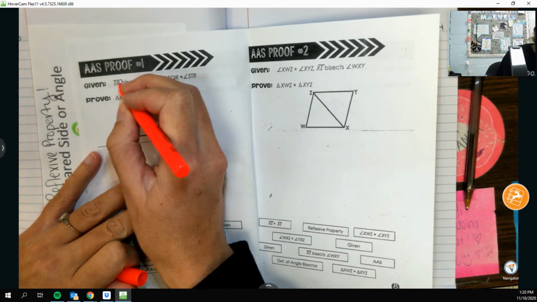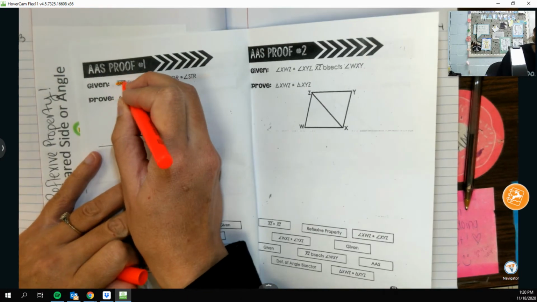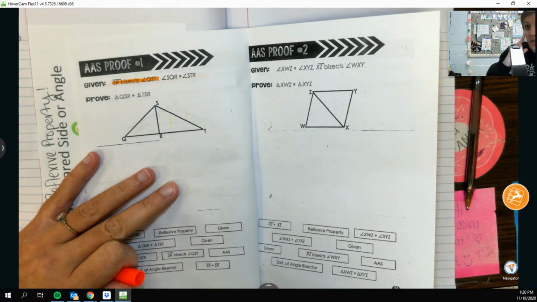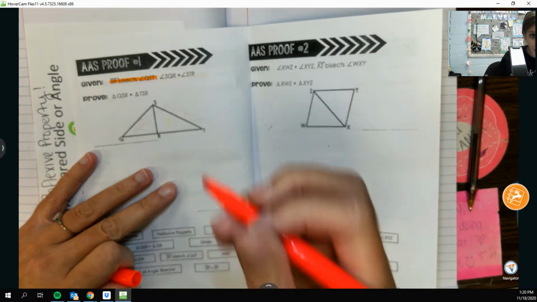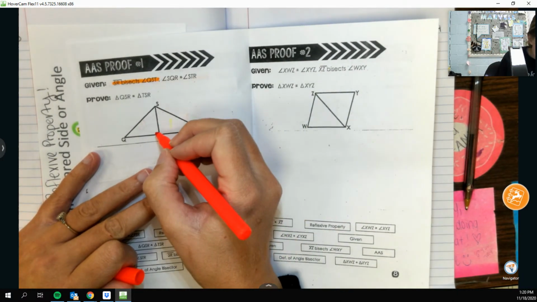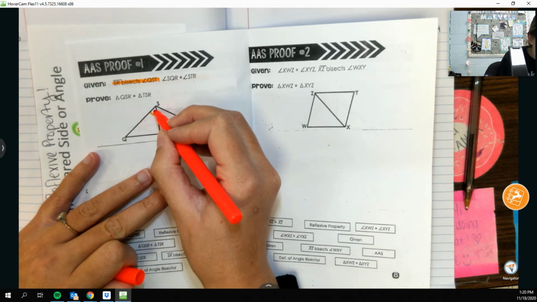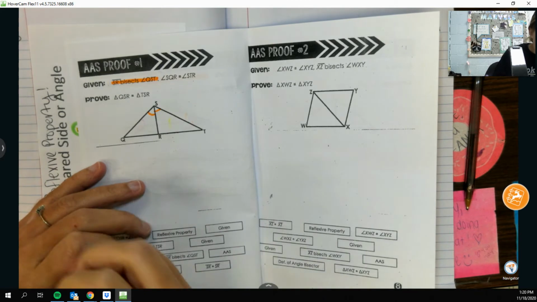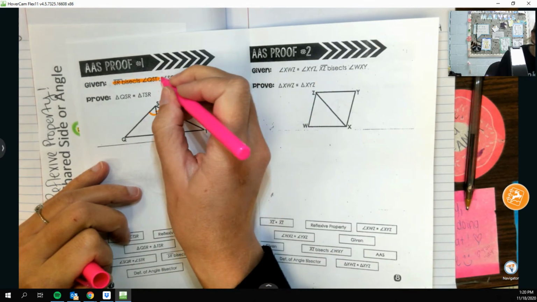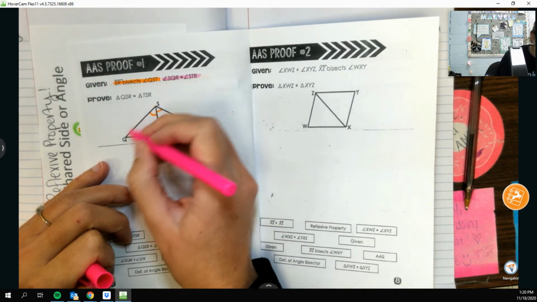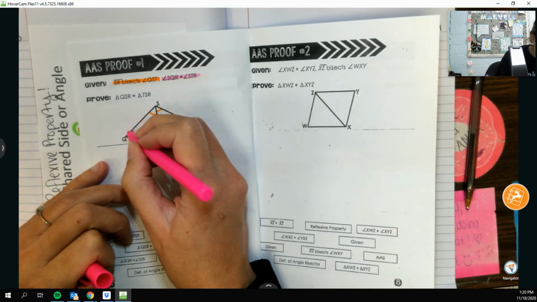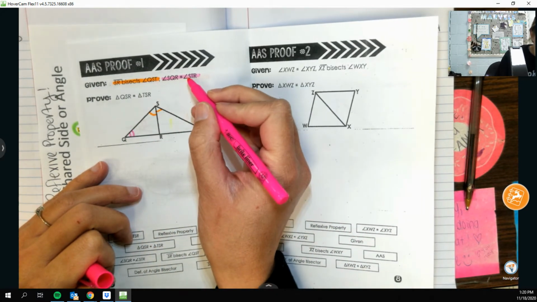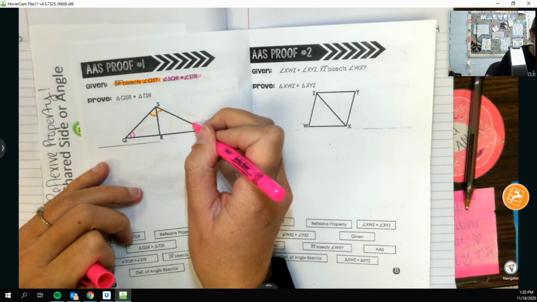It is for circle G given to me that SR is bisecting this angle, so cutting the angle in half at S. Then they gave to me that angle SQR, I feel like I could have just called that Q, is congruent to angle STR.